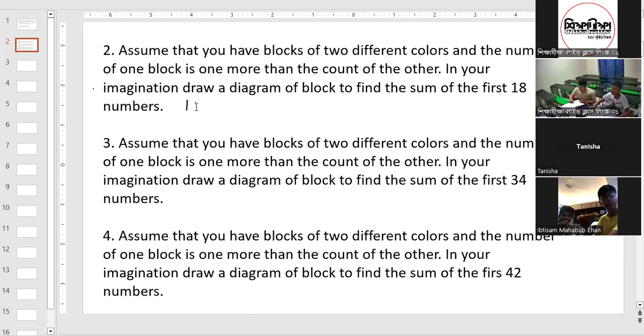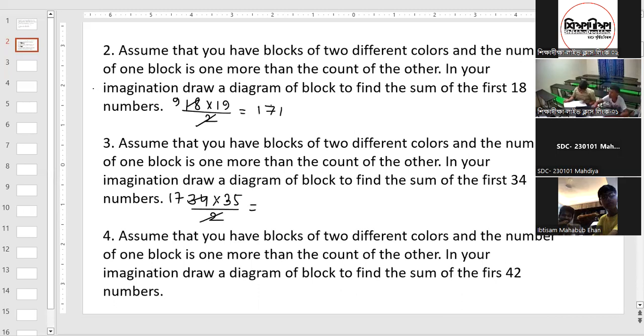There also 18 multiplied by 19 divided by 2, that is 171, right? 171. Then 34 multiplied by 35 divided by 2, 595.